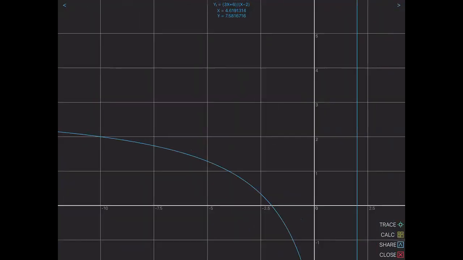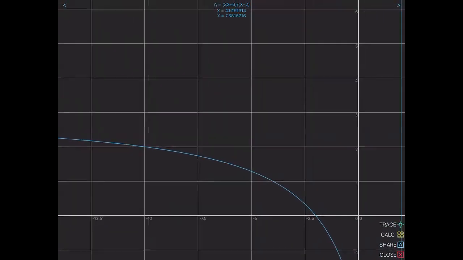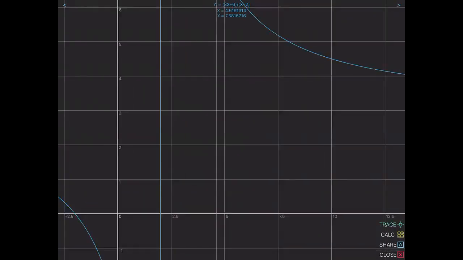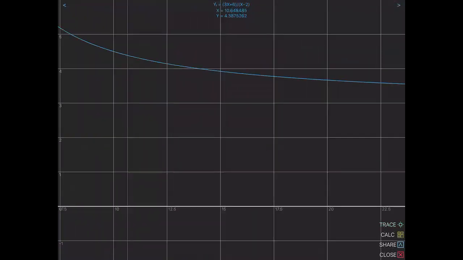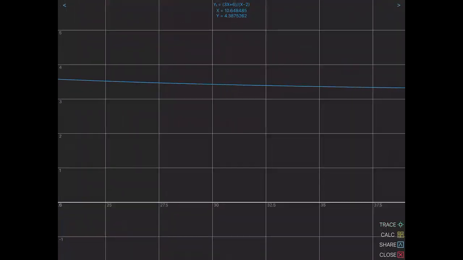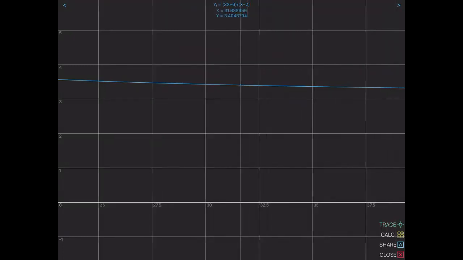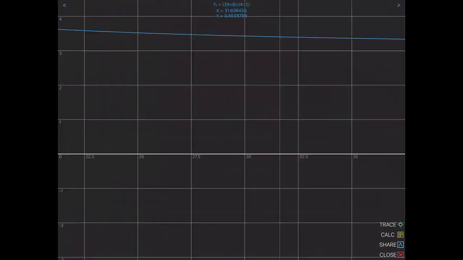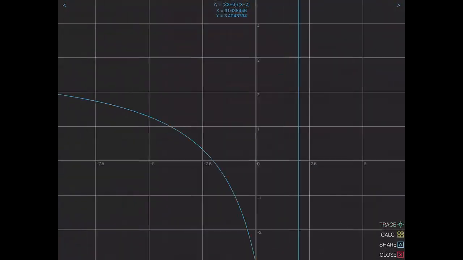Now notice here, for the y-axis, as x approaches positive infinity, as we trace the graph along the right-hand side towards positive infinity, our function gets closer and closer to 3 but never crosses 3, because after 3 we have a jump in our function along the y-axis.